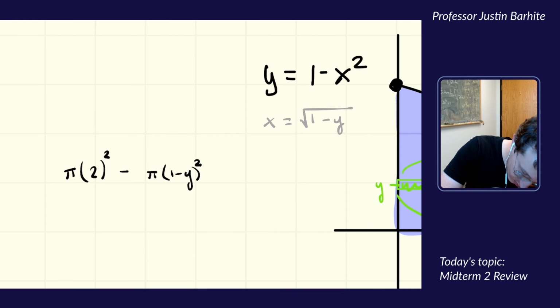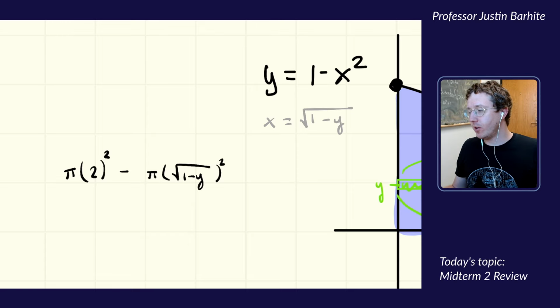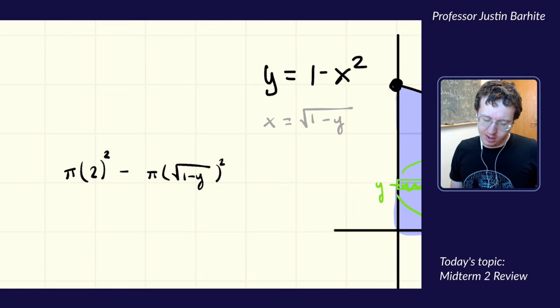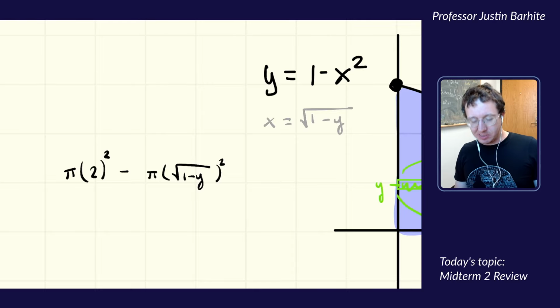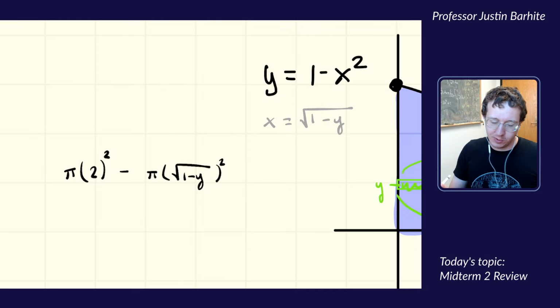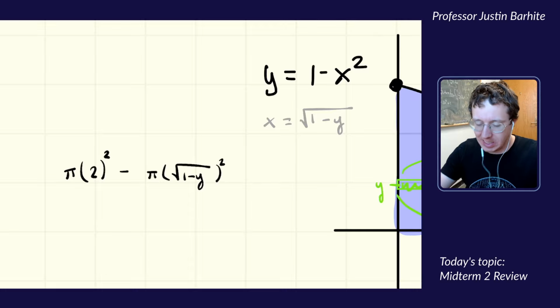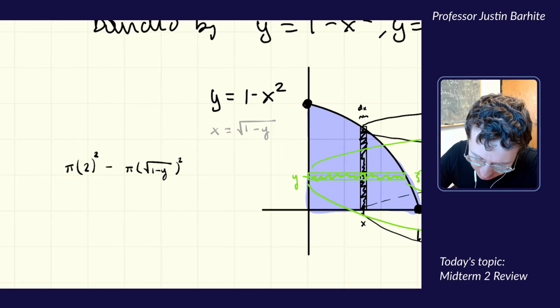And I guess I panicked a little prematurely about having to integrate a square root function, because that radius is getting squared anyway, so the square root goes away. This actually might be the easier integral to evaluate.